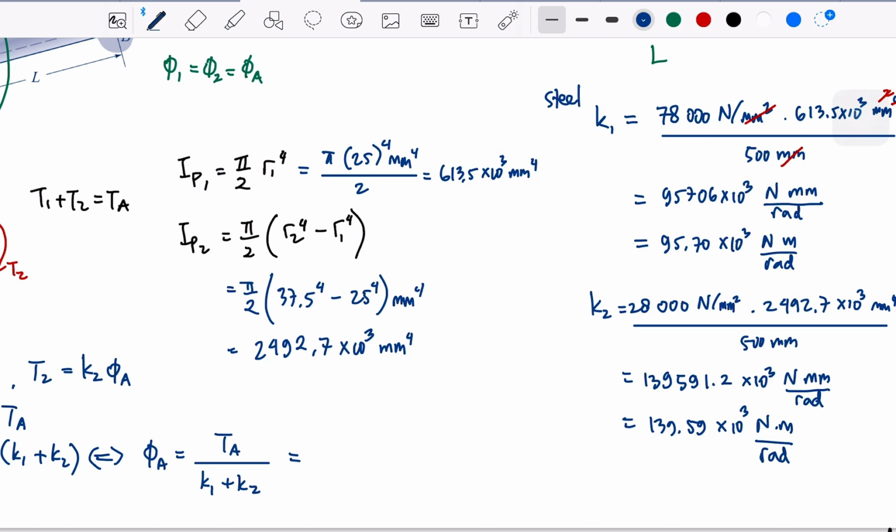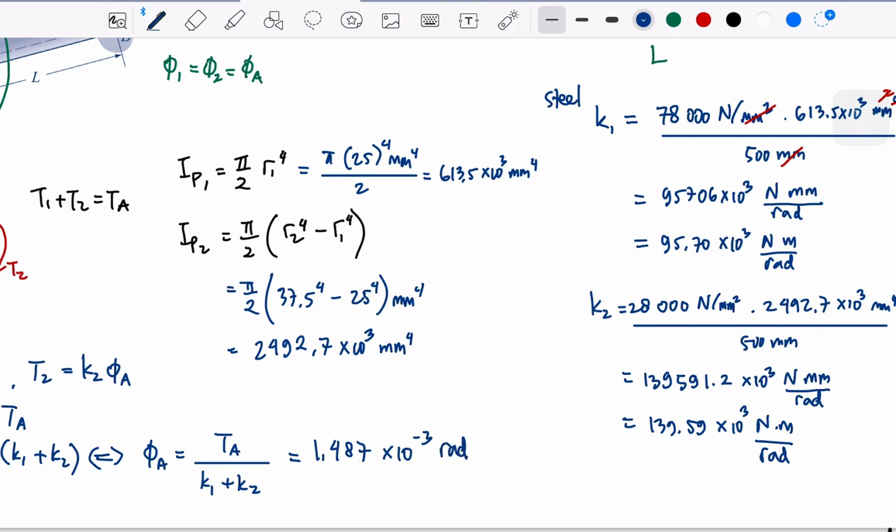So 350 divided by 957 plus 1.4, so 1.487. And remember that this is still in radians.